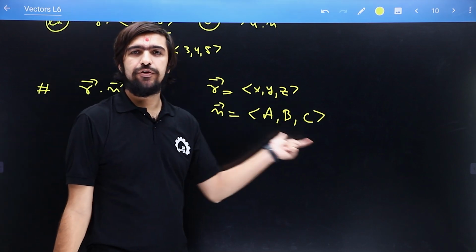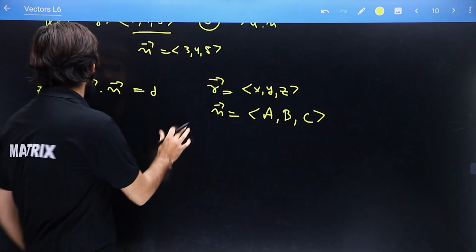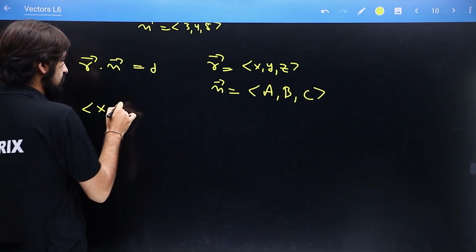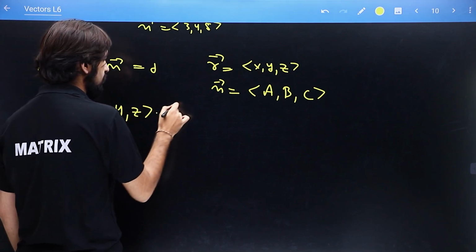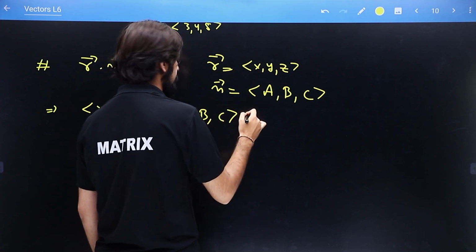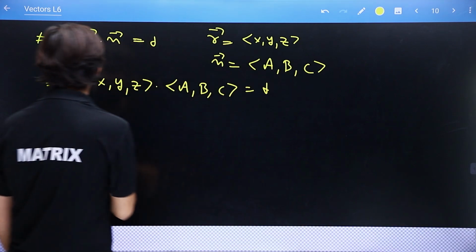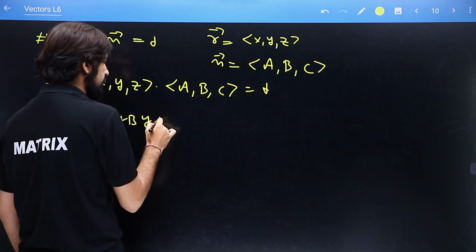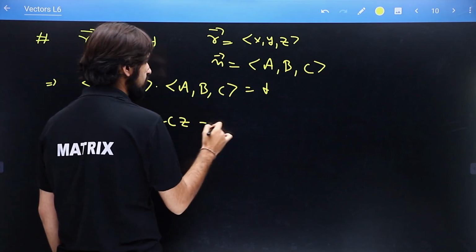ABC are DRs of normal vector of plane. So now put the values. So what you get? (x, y, z) dot (A, B, C) equal to small d. So that will be Ax plus By plus Cz equal to d.